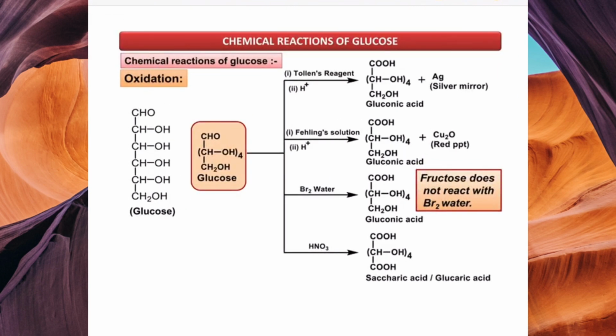Next, let us discuss the chemical reactions of glucose. The glucose formula is C6H12O6. When you treat glucose with Tollens' reagent, Fehling's reagent, or bromine water, we are getting gluconic acid, which indicates the presence of aldehyde as a functional group.